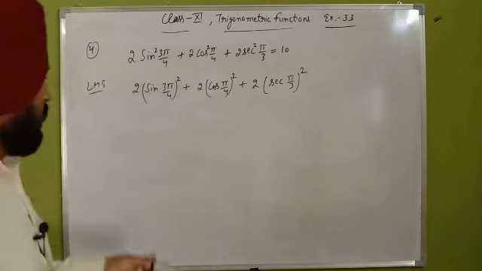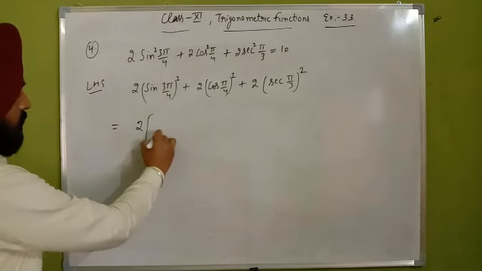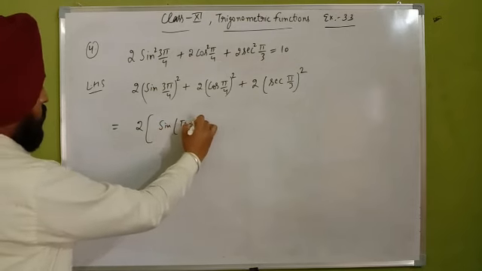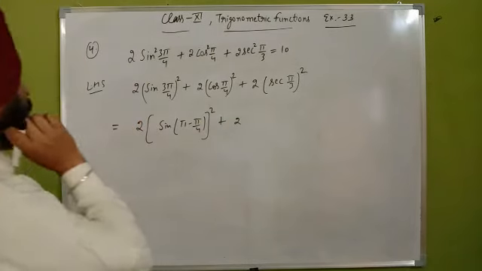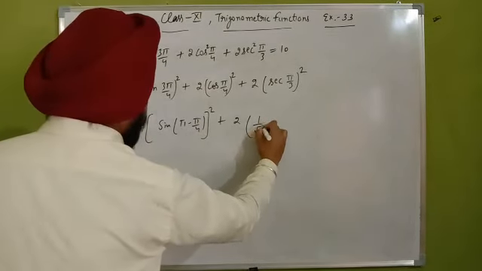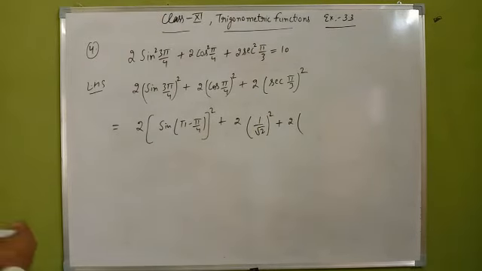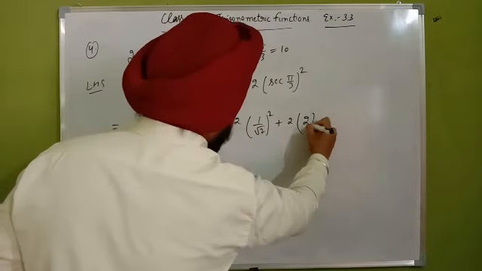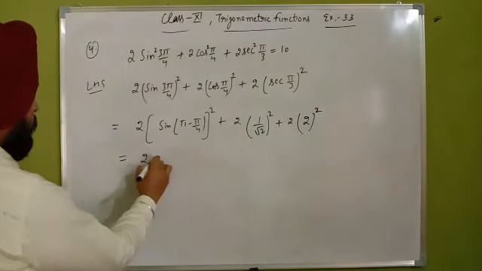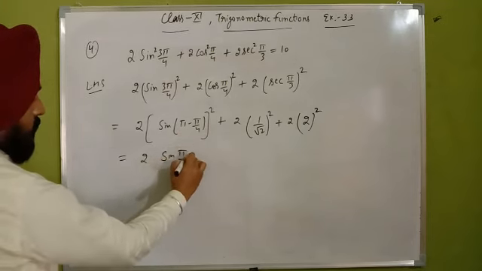So now we have to split the value of sine 3 pi by 4 as sine pi minus pi by 4 whole square plus 2 cos pi by 4 value is equal to 1 upon square root 2 whole square plus 2 secant pi by 3, secant 30 degree, secant 30 degree is inverse of cos 30 degree, that means 1 upon 2, so inverse is 2 there, so it implies value of 2, yes, sine multiple of pi there, so it will remain sine pi by 4.